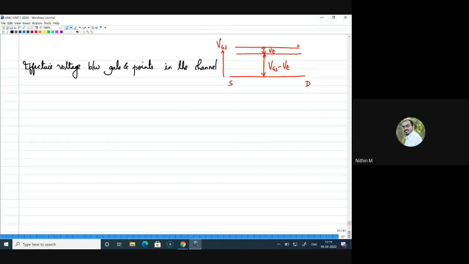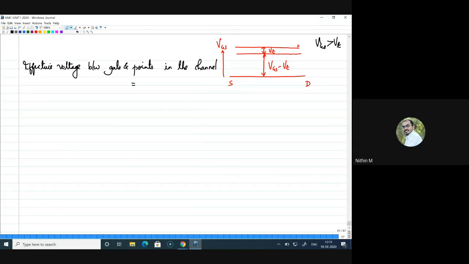So for a channel to form, your VGS should cross VT. With that understanding, I am keeping my VGS greater than VT. Till VT there is no channel, but when it is just VT or more than VT, a channel is present. So I am writing this statement: effective voltage between gate and points in the channel is equal to, what is the effective voltage in the channel now? I have to apply VGS, which should be more than VT. Right. Now, what is the effective voltage?